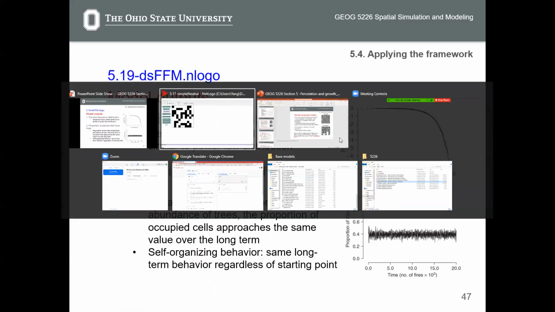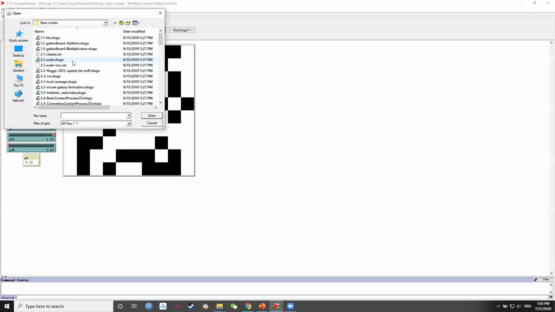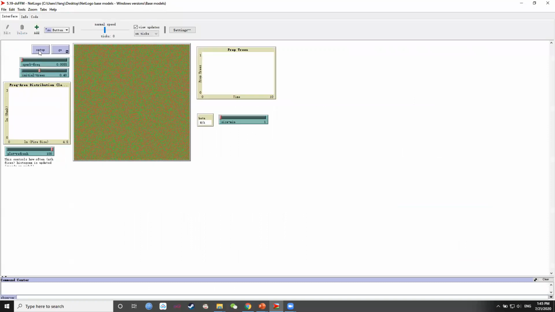Okay, let me show you this model, 519. Set up a specific value for spark frequency. If you make it very high, there will be a lot of fires, so make it low.